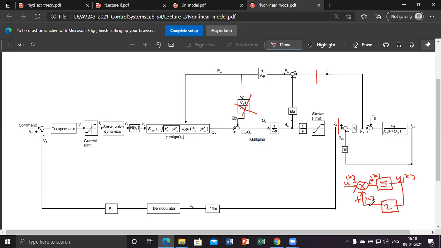Then F of K is equal to 2 into Y of K. Also no problem. Where is Y of K? Y of K is equal to 5 into E of K. Finally, E of K is not available. So there is a problem, it will loop around. It's like the chicken and egg problem, which came first. The same problem will come. It's called an algebraic loop. Did you understand what I'm telling?